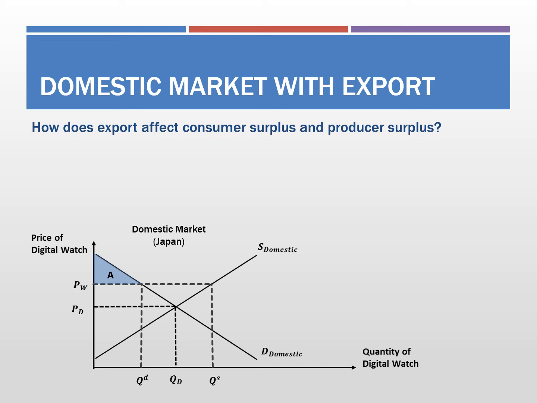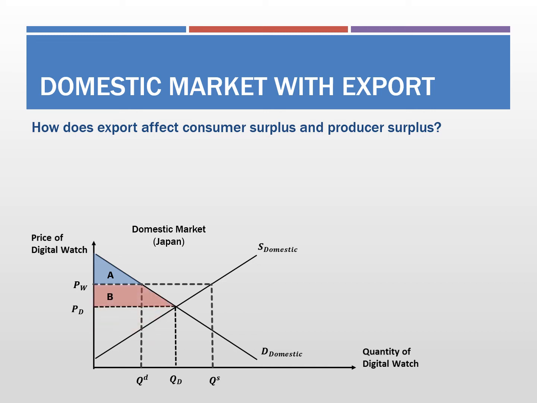The reason is that the world price has driven the domestic price to a much higher range. Instead of $100 that people usually pay for the watch, now the price went up to $120 in Japan. And there will be fewer people willing to buy domestically. As you can see, the quantity demanded domestically in Japan dropped from QD to Qt.